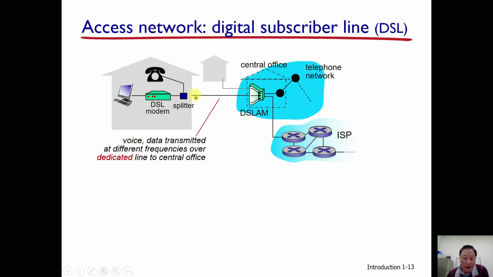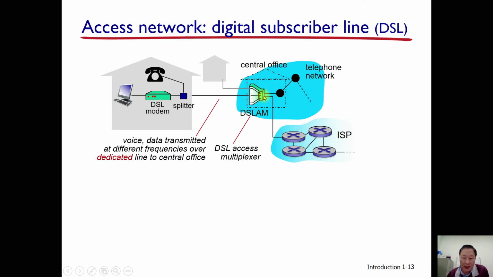Here, this one is using a single physical line, the traditional telephone line, and voice and data, internet data, can be transmitted together, but at different frequencies, over this dedicated line to the central office. This is the DSL access multiplexer.